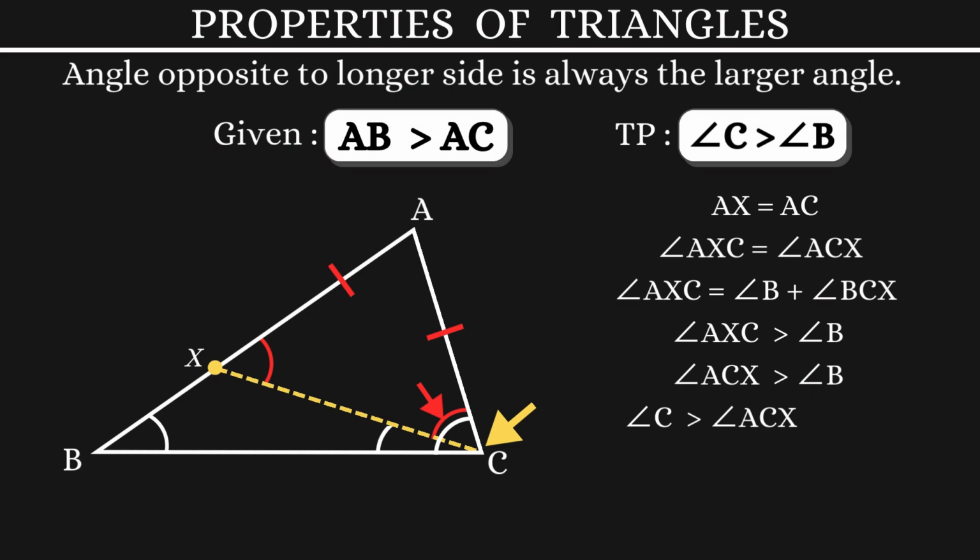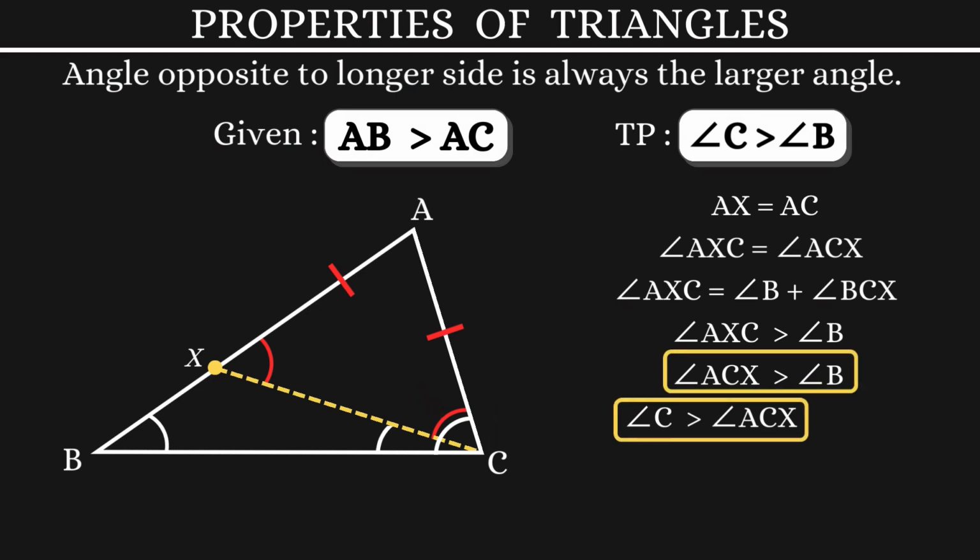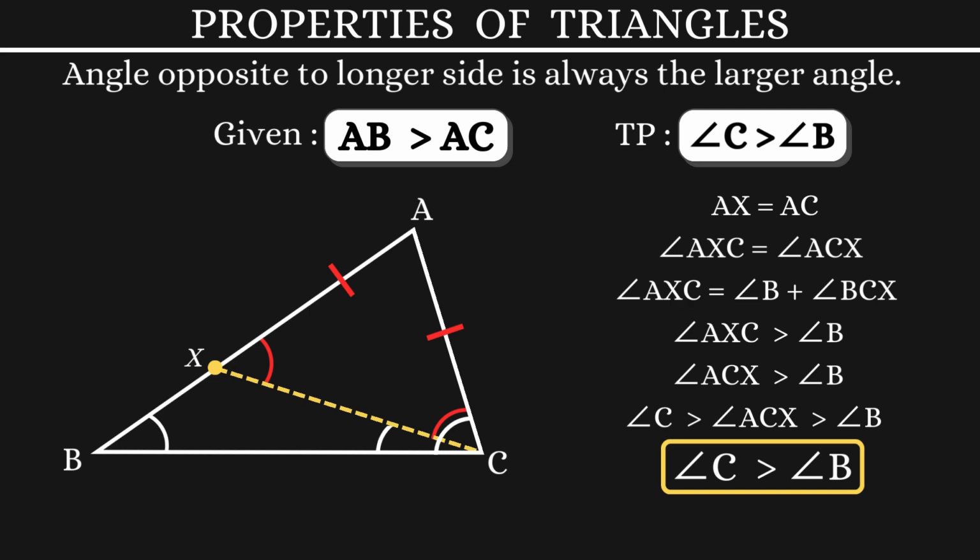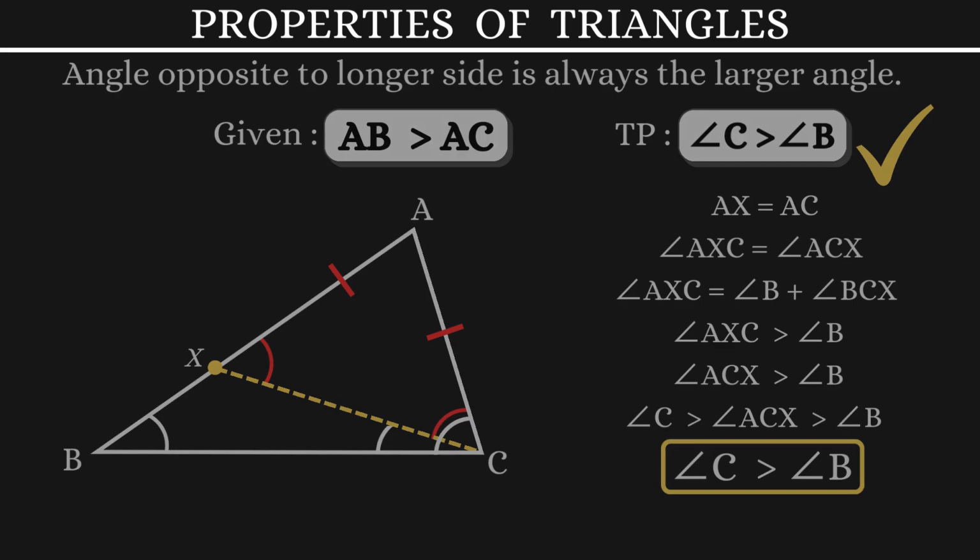Now, combining these two inequalities, we have angle C is greater than angle ACX, which in turn is greater than angle B. And that also means that angle C is greater than angle B. Thus, we can prove our property. With that, we move on to the next property.